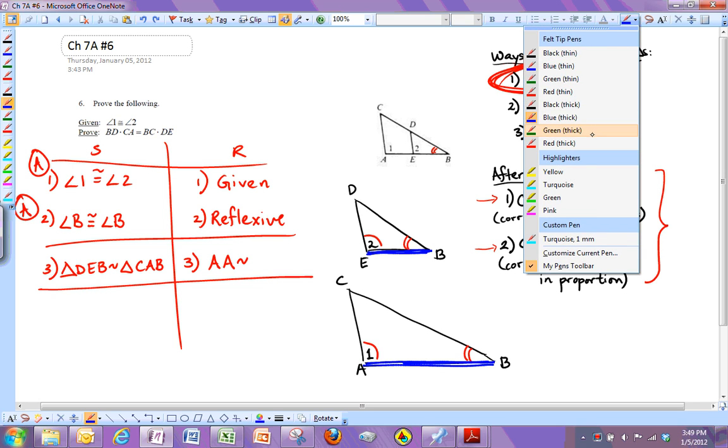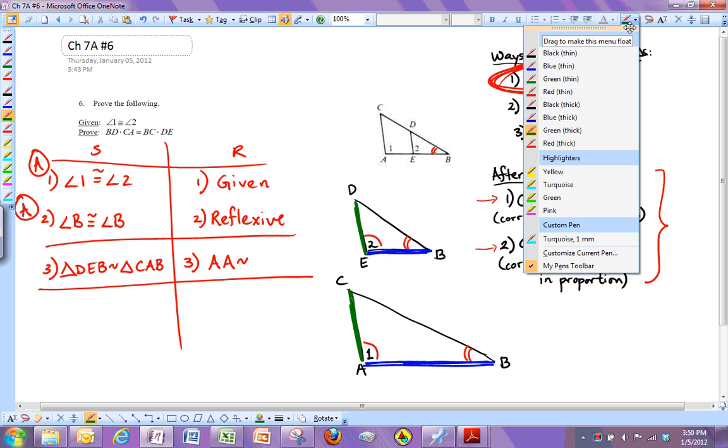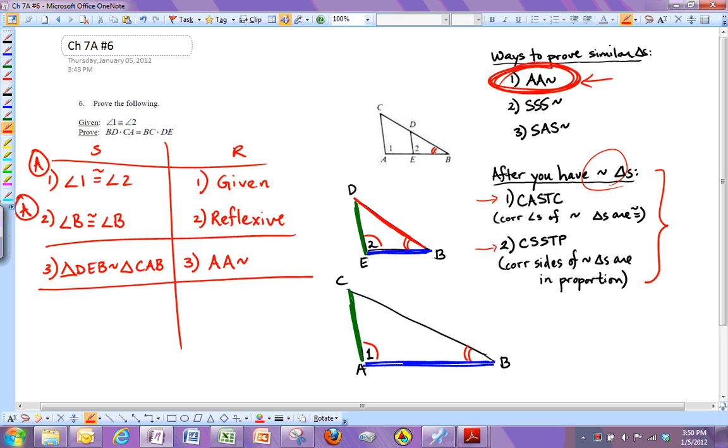If you look at DE, it's connected to the angle that has one curve on it, so that's got to go with CA. And if you look at our last ones here, I'll do these in red, DB is going to go with CB then. Okay, so I've got the three things matched up, and they're easy to see now.